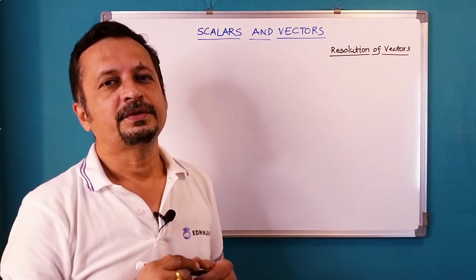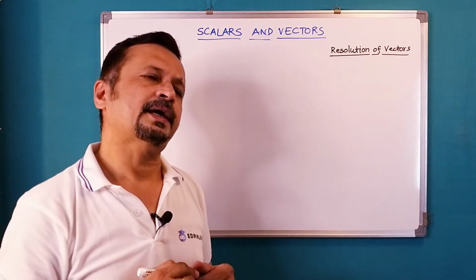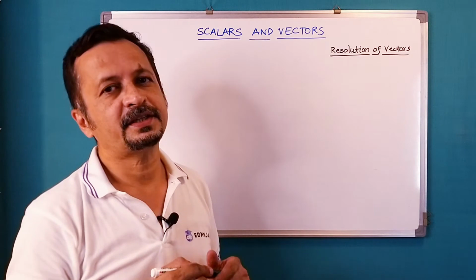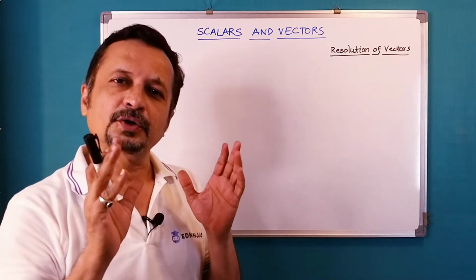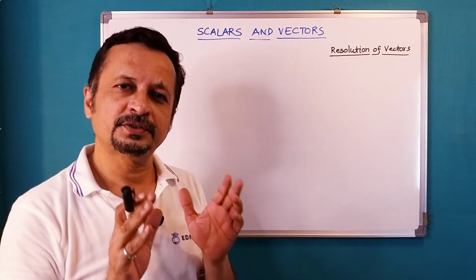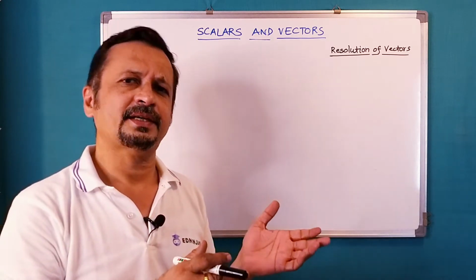I'm going to have a force acting at an angle, let us say 30 degrees with the horizontal. And I want to find the components of this force along the x axis and along the y axis.